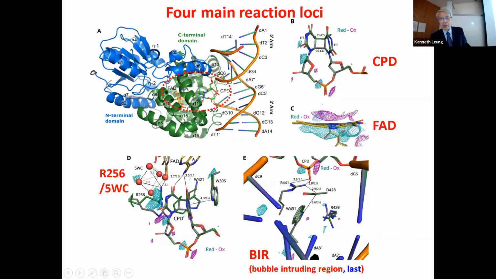When we do the X-ray structure, we will see everything, but we may not be able to analyze everything because there are too many places to analyze. So what we have done here is we simply focus on one structure first, or one time point, and then we identify the differences.